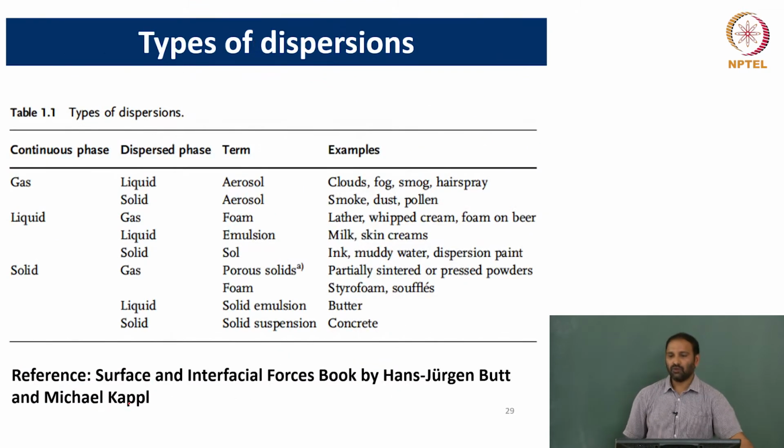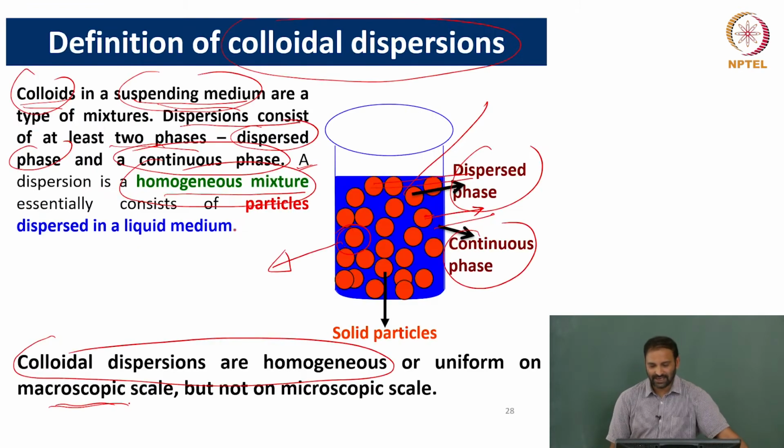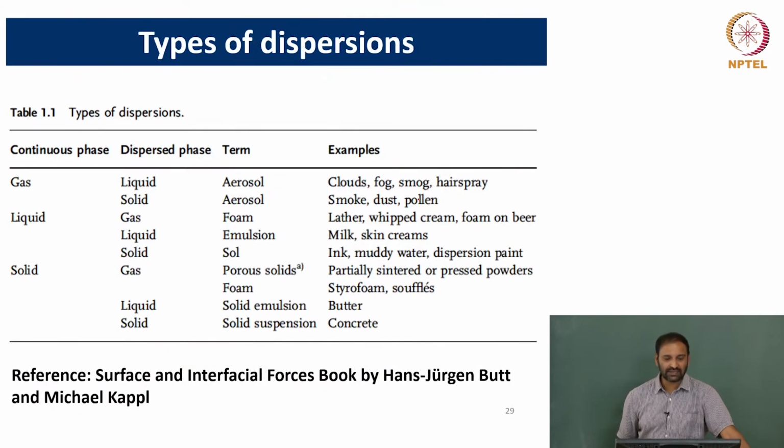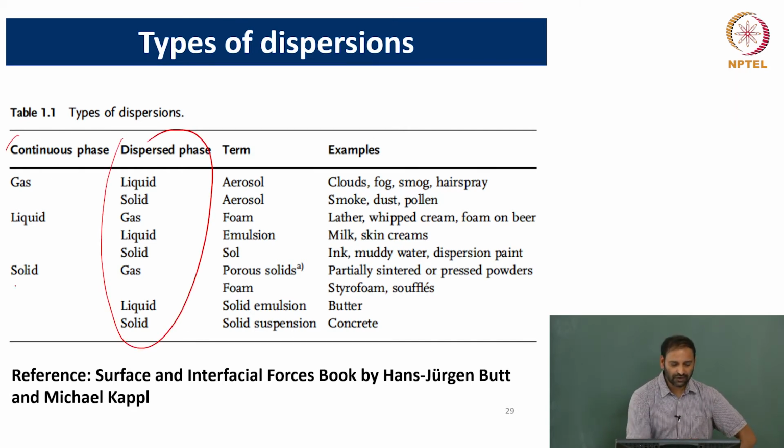Now, in the previous example I said that the dispersed phase is a particle, right? But the dispersed phase can be of different types. So therefore, you can have different types of dispersed phases, and of course different types of continuous phases as well.